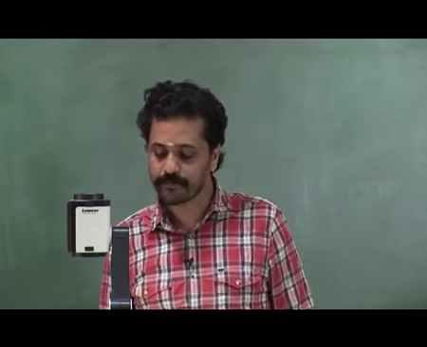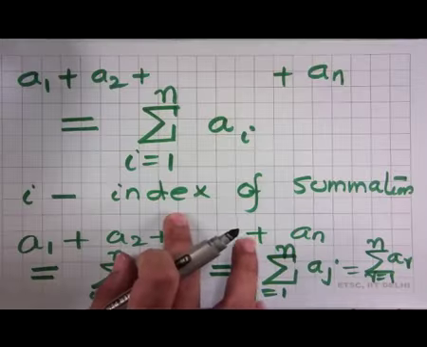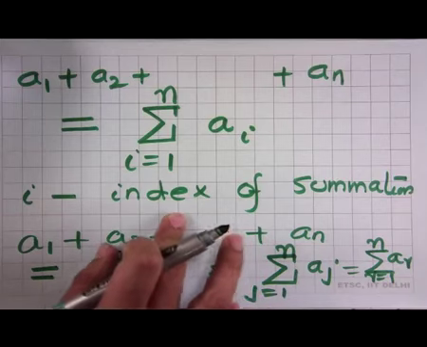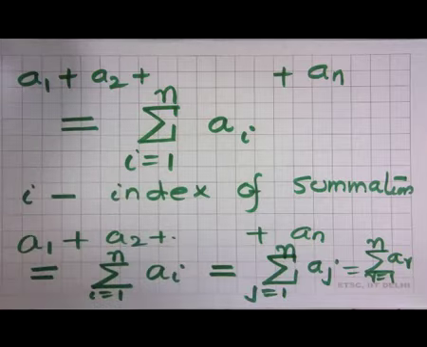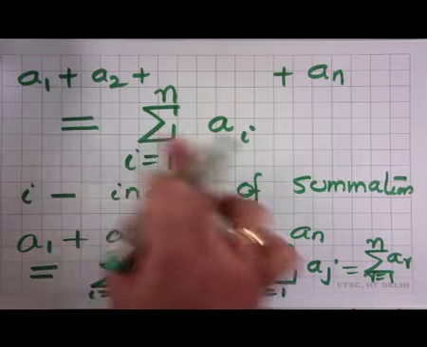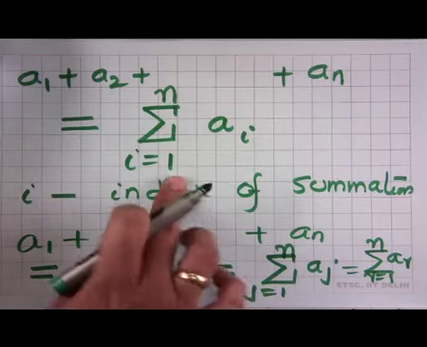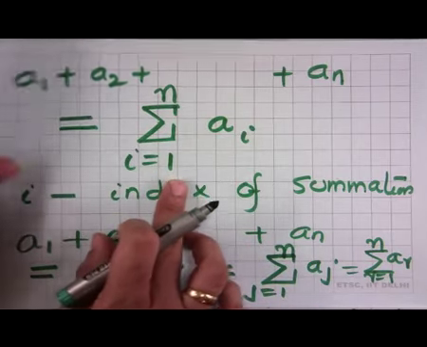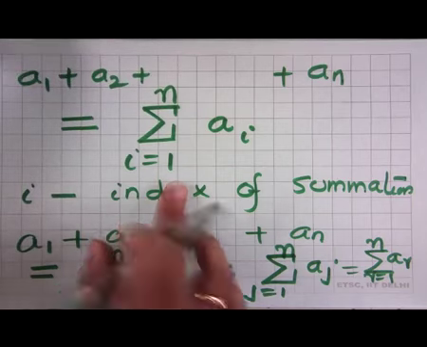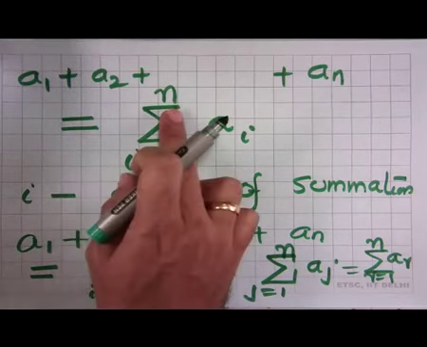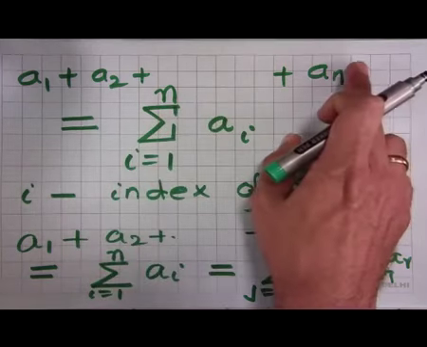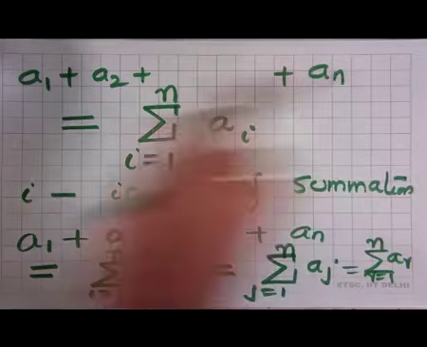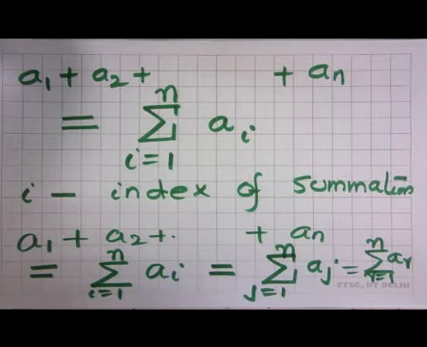The value of the index which indicates the first term in that summation, here i equal to 1, is called the lower limit, and the value of the index which represents the final term in that sum is called the upper limit.